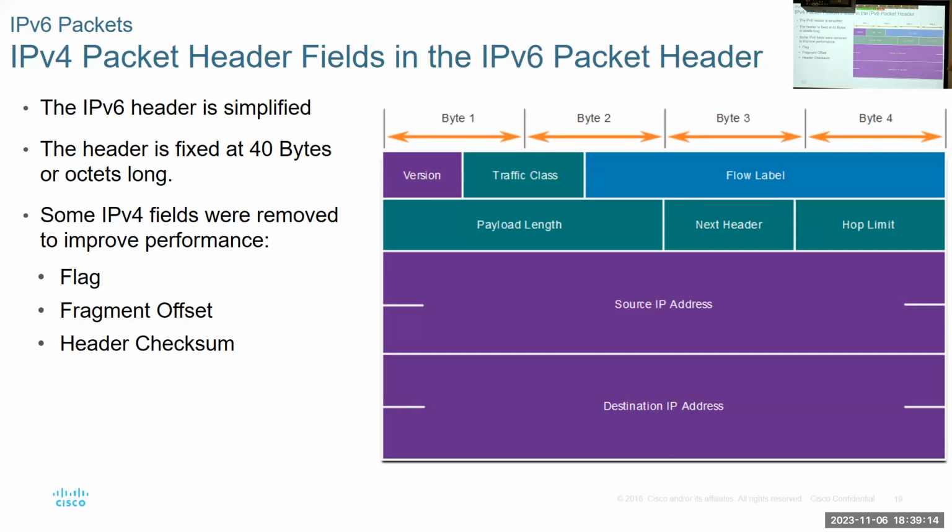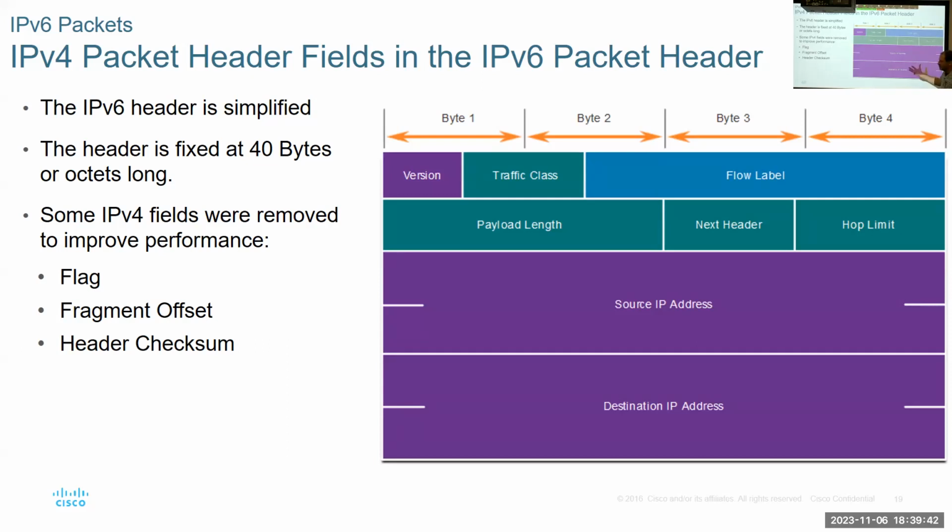Then the flow label. The flow label will make it easier for the transport layer, because the flow label can guarantee that all packets from the same conversation go out the same router port.